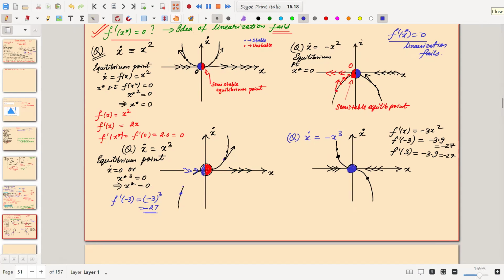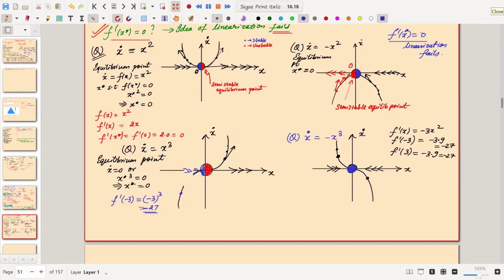But when you consider x dot equal to minus x cube, the equilibrium point is stable. It is not semi-stable. So you can see how nicely you can analyze these 1D flows. As opposed to 1D maps, 1D flows require more visualization insights. Through visualization, you can understand a lot of things.